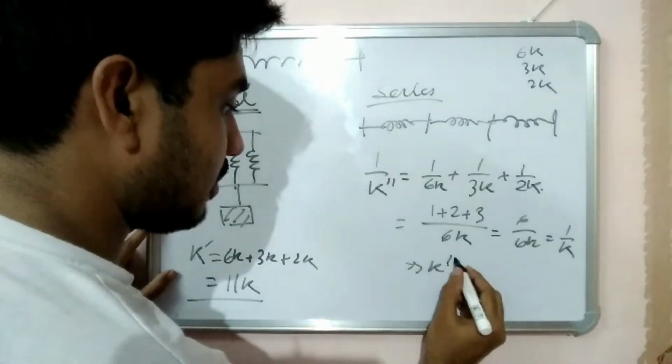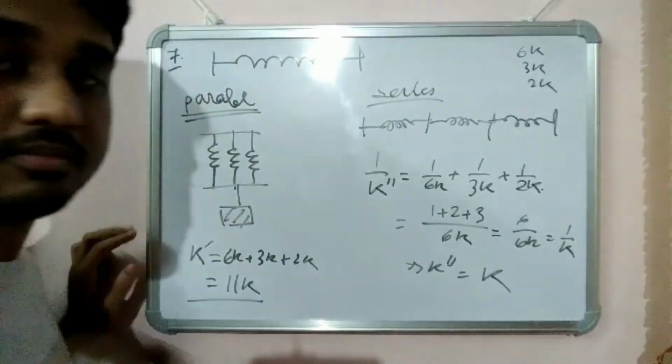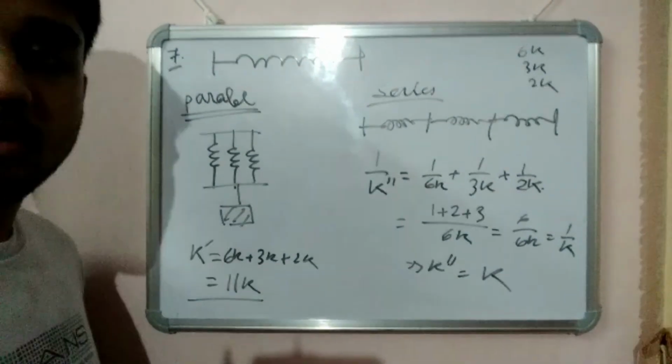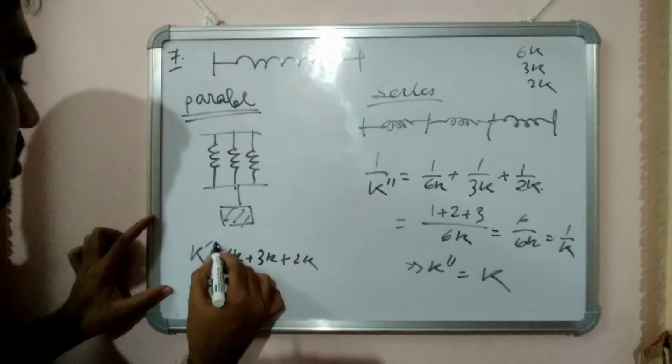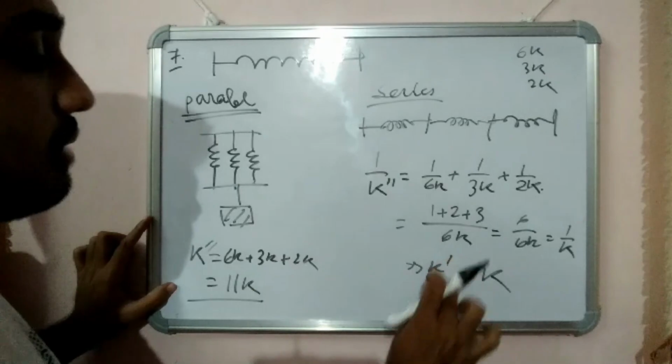So k double prime is equal to k. Here a little confusion: this is k double prime and this is single k prime.